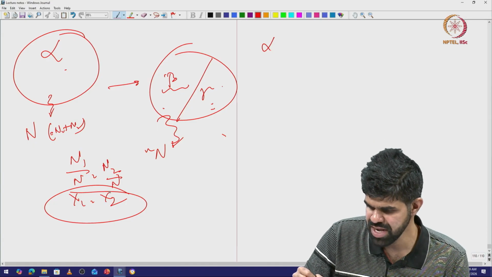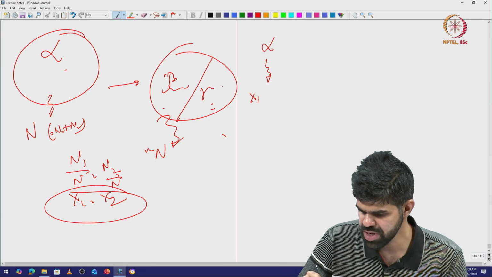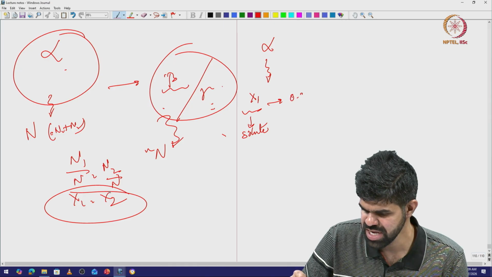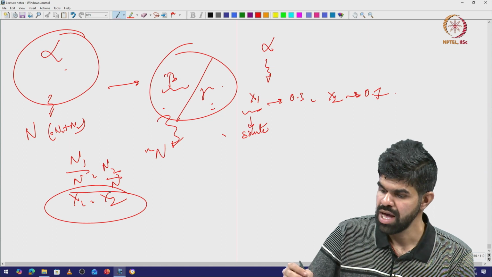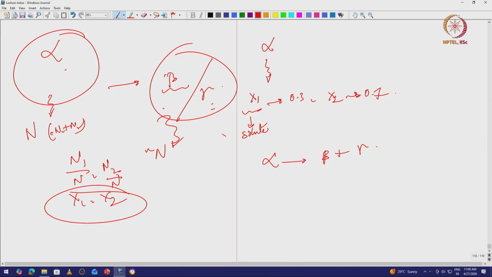Let us say alpha is a phase where x1, my solute, is 0.3 and x2 is 0.7. Now, alpha transforms to beta plus gamma at some pressure, some temperature. Alpha is rich in 2.